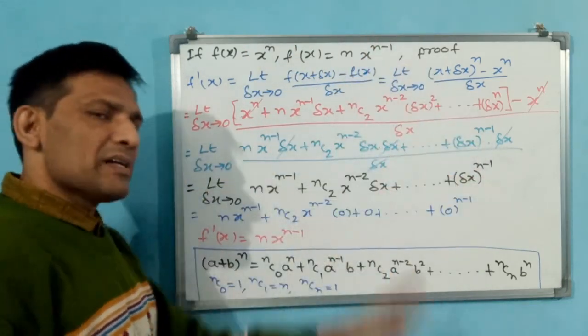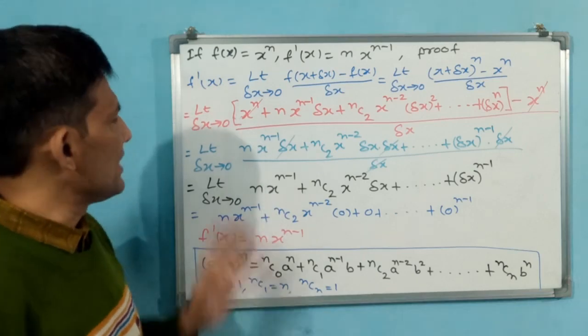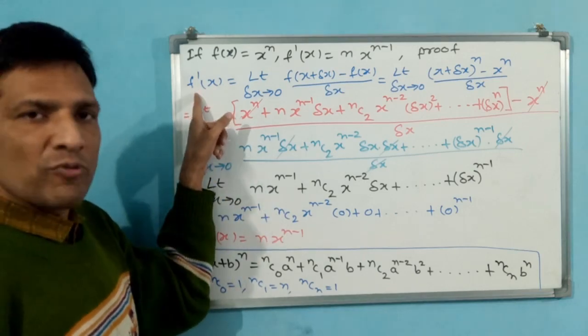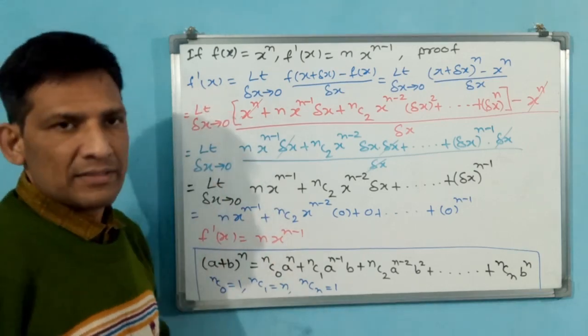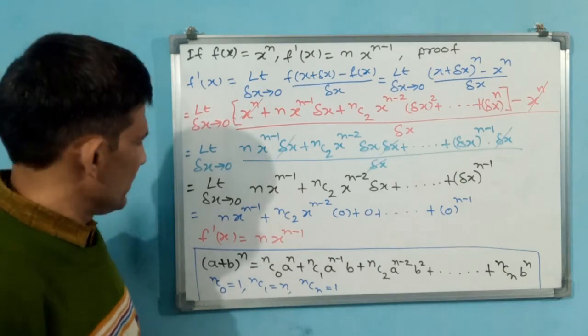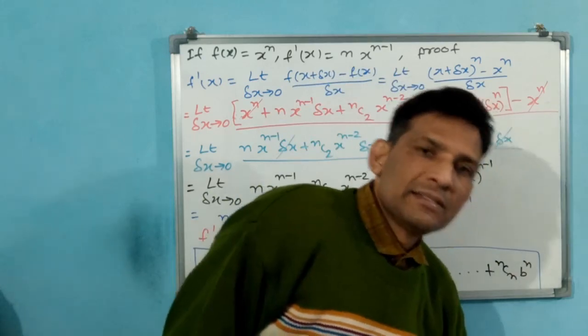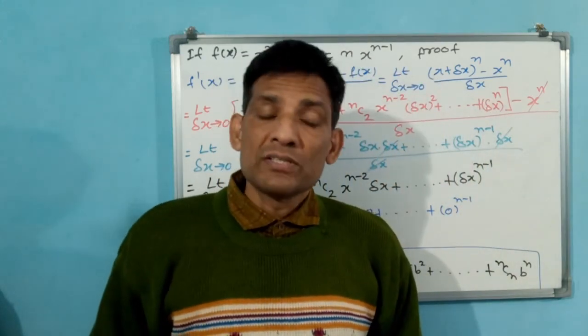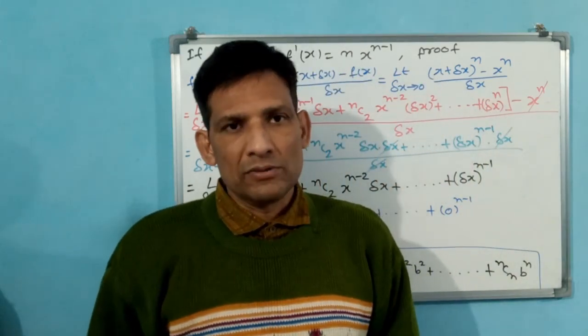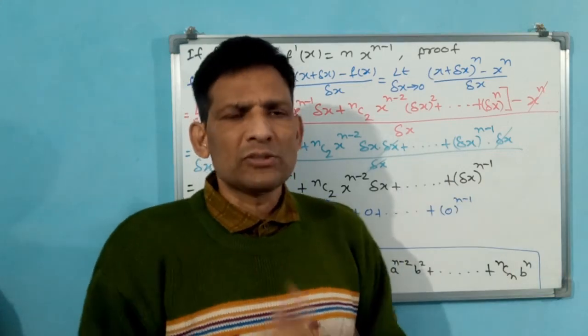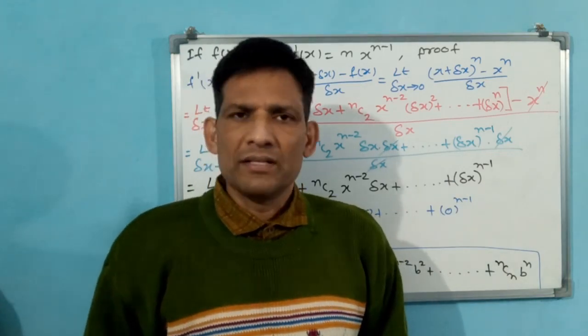Like that we will write the answer directly. From now onwards we need not write f dash x also; we will write d by dx, dy by dx. Note this, and we will meet in the next class. We will also see the proof of those 4 algebra rules, along with examples. Okay, thank you very much.